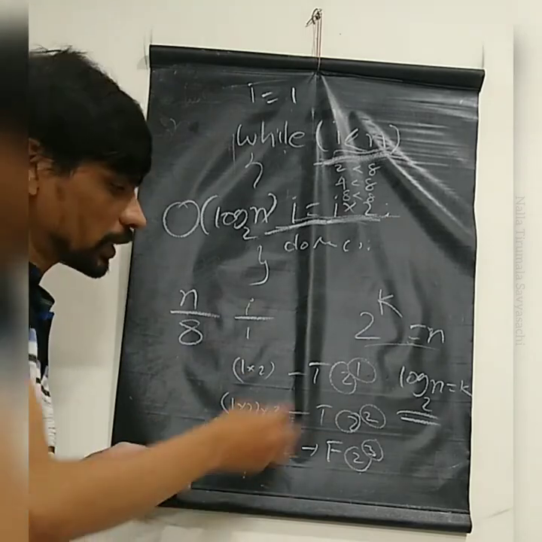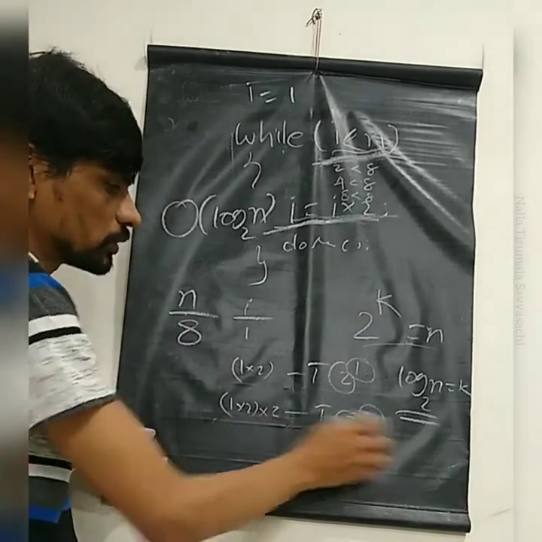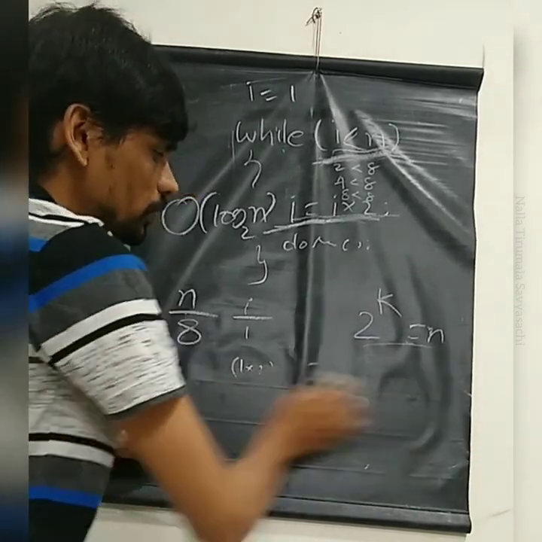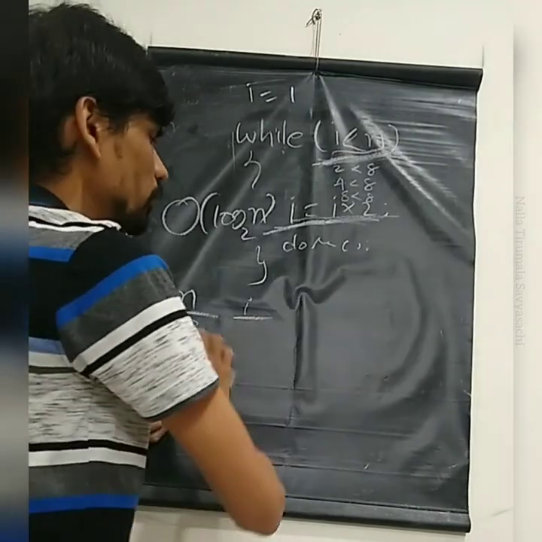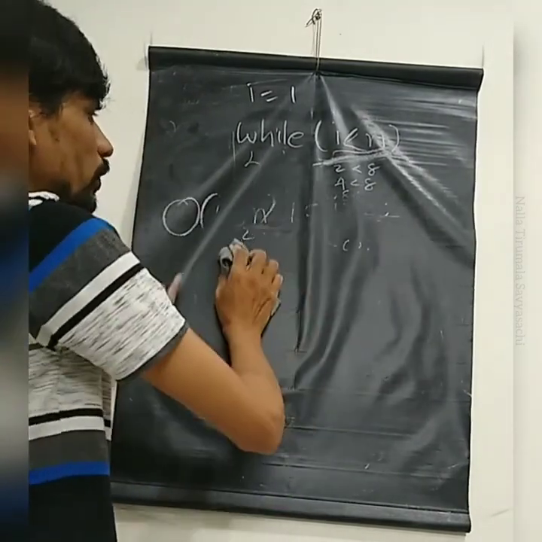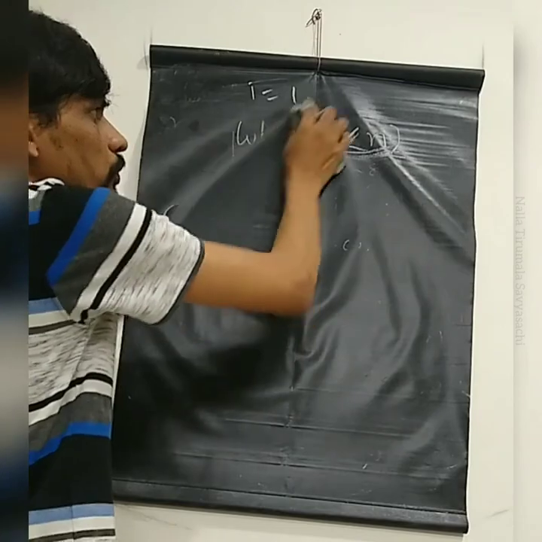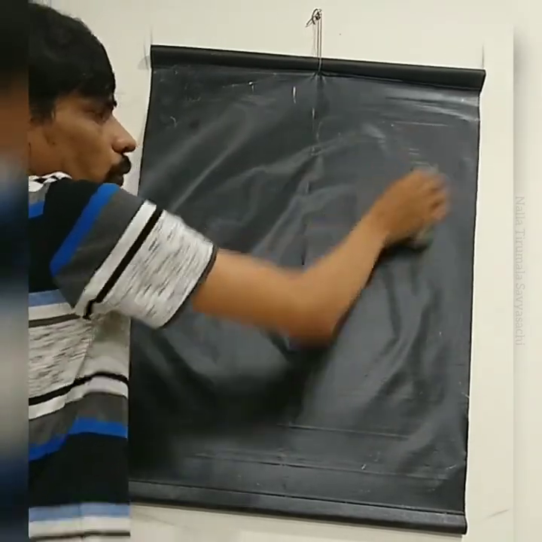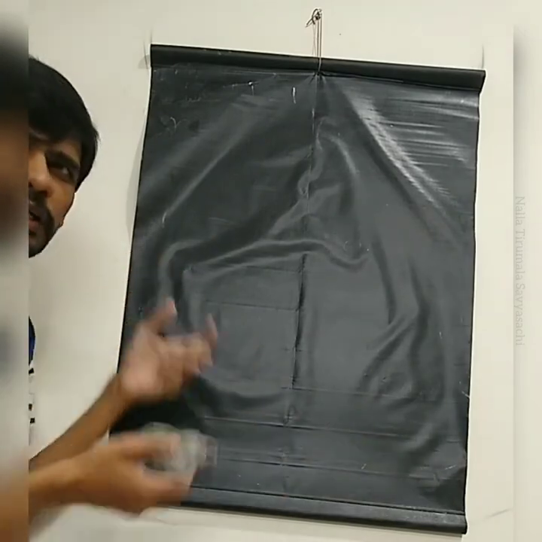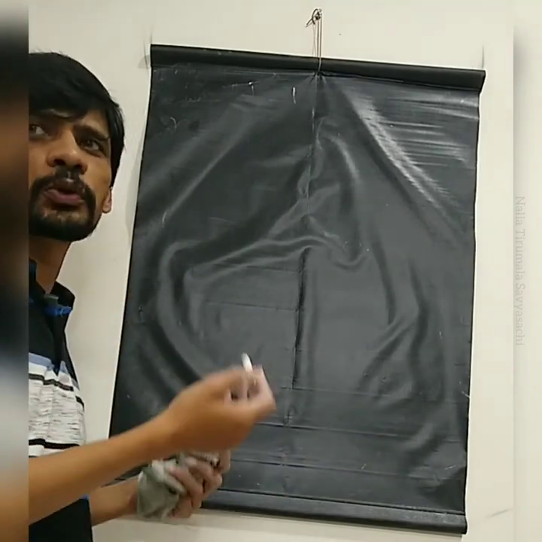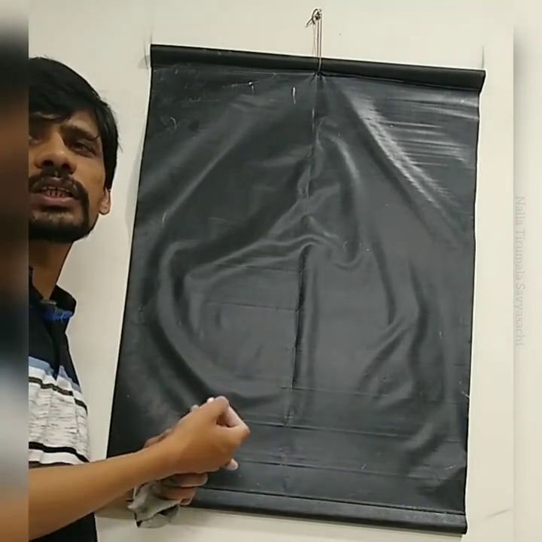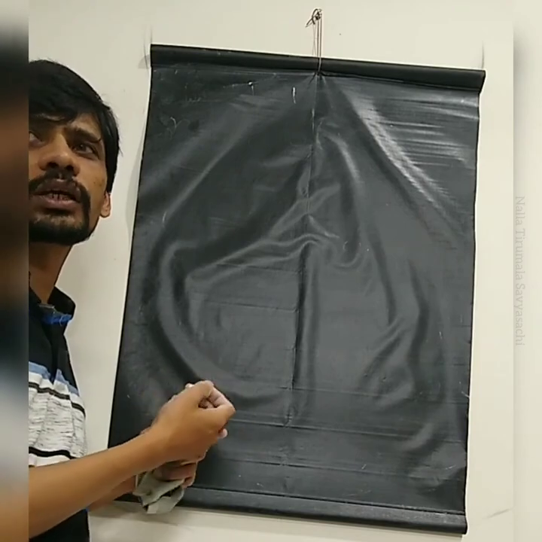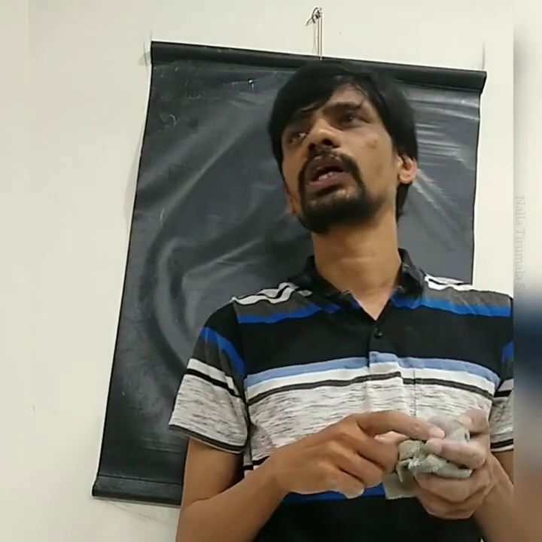I want you to try on your own also, so that it will be very good for your understanding. Take whatever for loops you want, initialize with some value, place some conditions, and explore yourself to understand how to calculate the complexity. It will be very helpful for you.